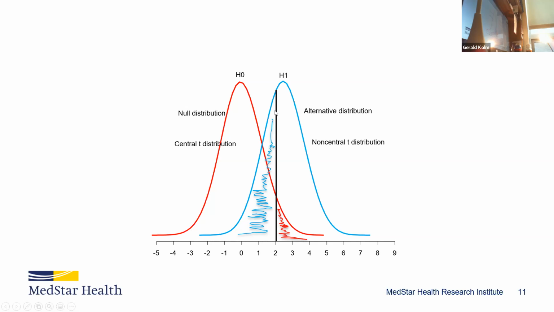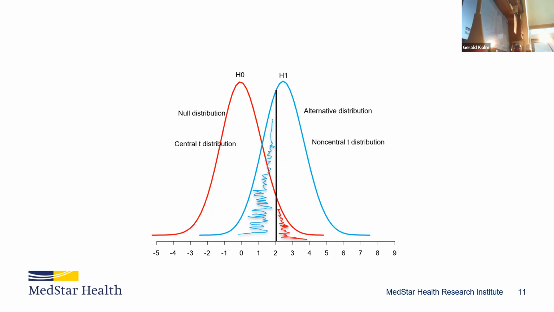But if this is really part of the alternative distribution, then we've made the type 2 error, even though it might be more likely that it's part of the null distribution. The area to the right in our alternative distribution, if this is beta, this area over here is 1 minus beta, and this is the power of our statistical test.